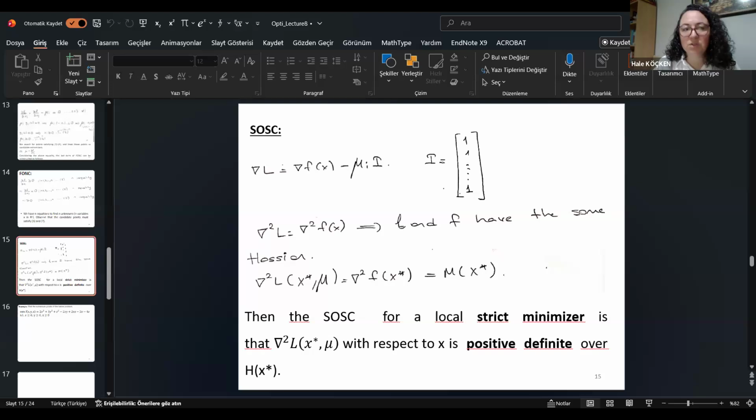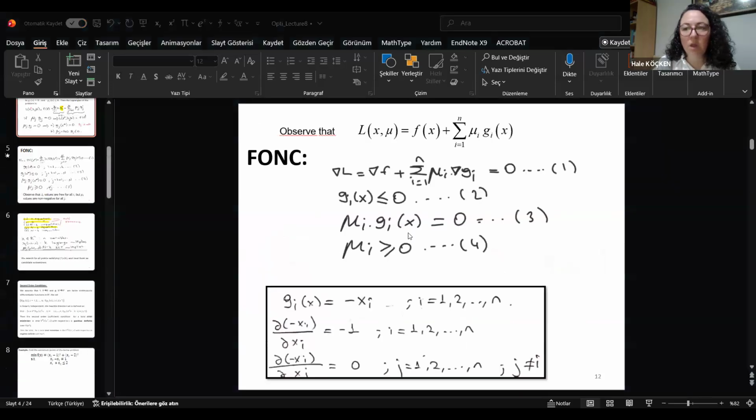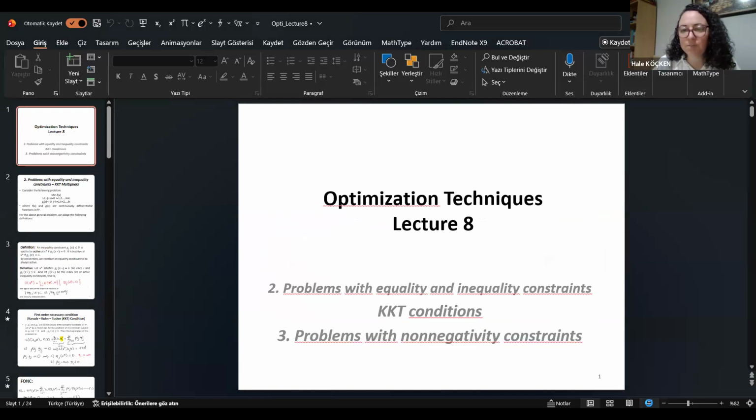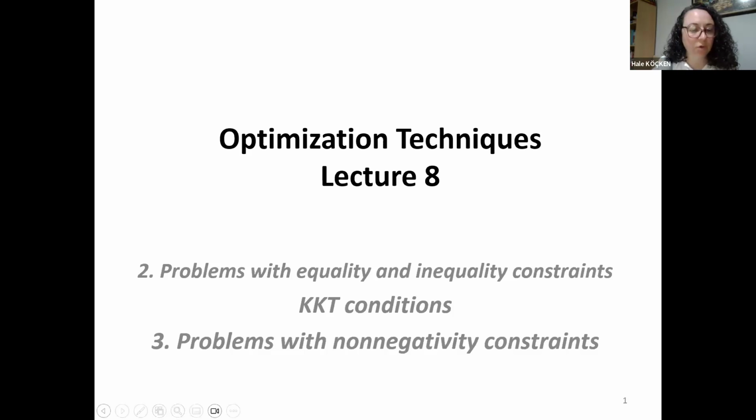Let me remind you what we did last week. Actually, we started our lecture 8, which is the second big title for constraint optimization. In constraint optimization, we will cover two subtitles in lecture 8. The first subtitle is problems with equality and inequality constraints.